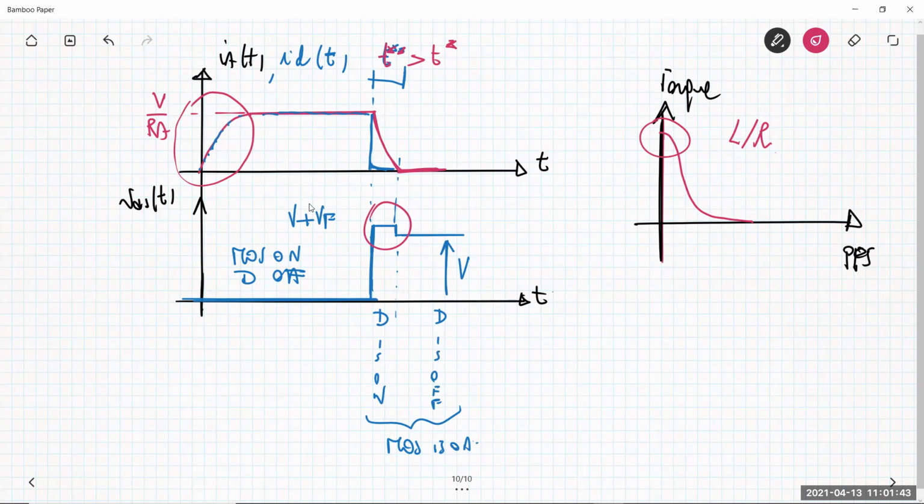This turn-on behavior cannot be accelerated because V is something that you cannot increase too much. The slope depends on V, and also on LA, but LA is something that you cannot modify, because it depends on the motor we are choosing.